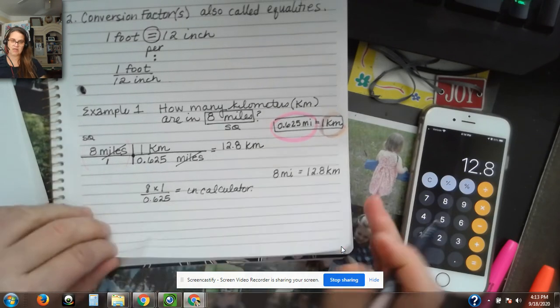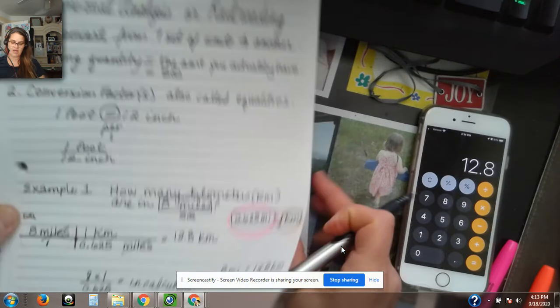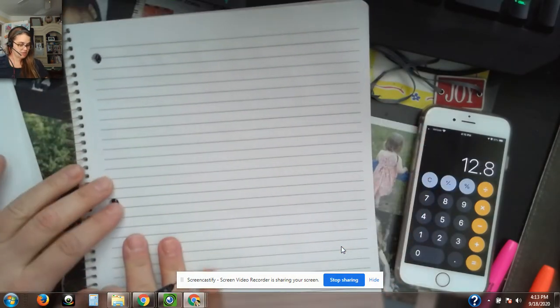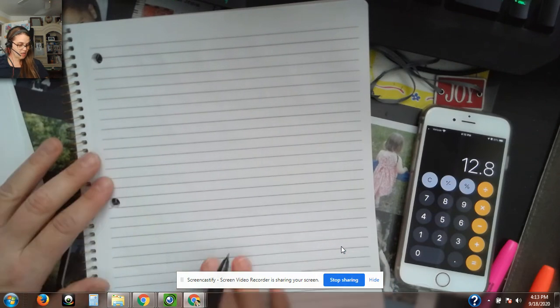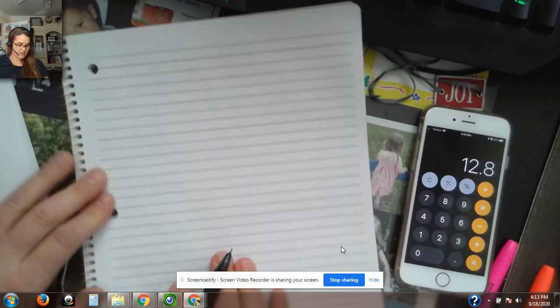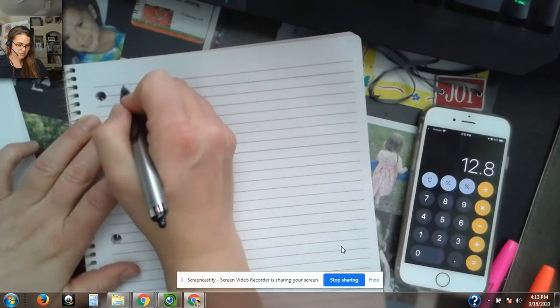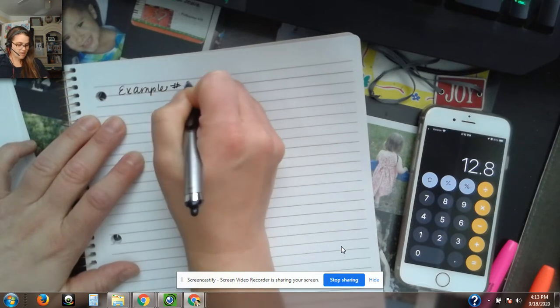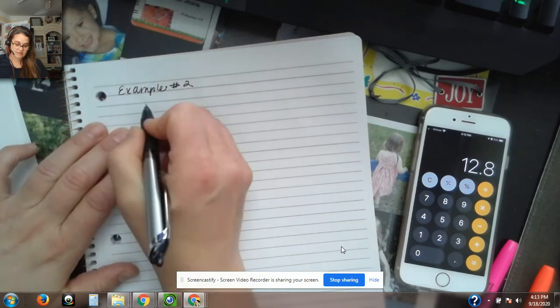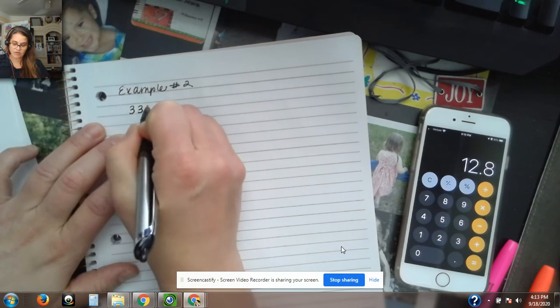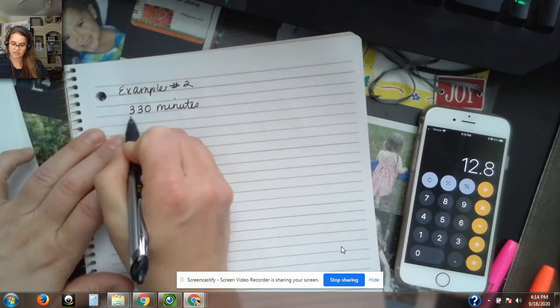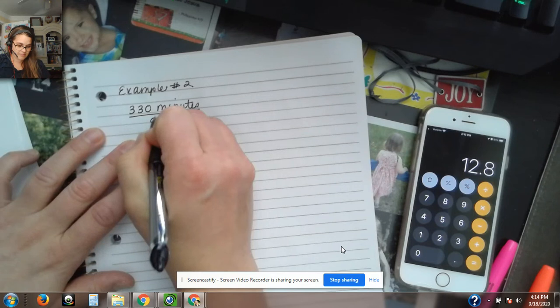Now, let's try a second problem in which we have some more factors to deal with. Let's do this. The average student, so this is my example 2, is in class 330 minutes per day.